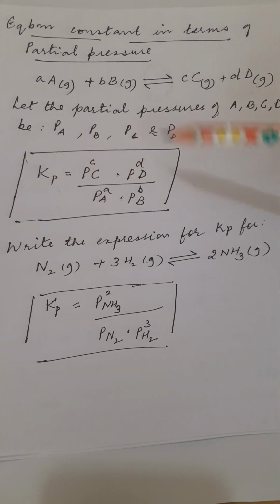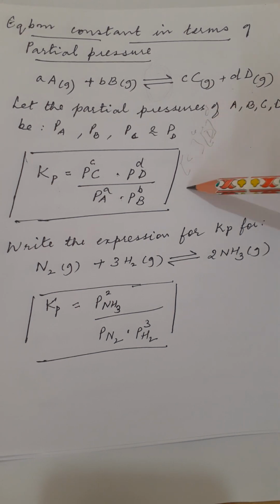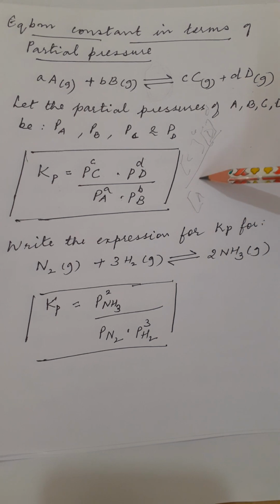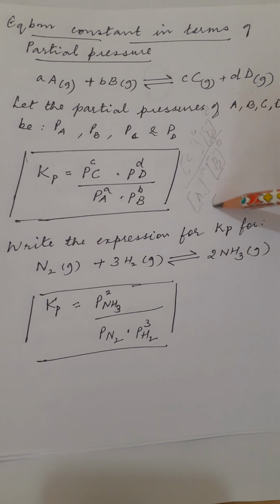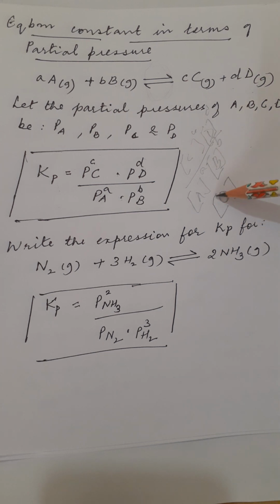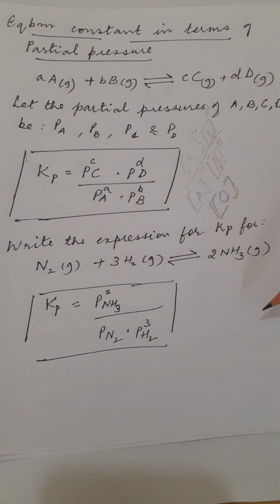Kc is equal to concentration of C to the power c, concentration of D to the power d upon concentration of A to the power a into concentration of B to the power b. May I remind you that if I enclose anything in a square bracket, it indicates the molar concentration of that entity.